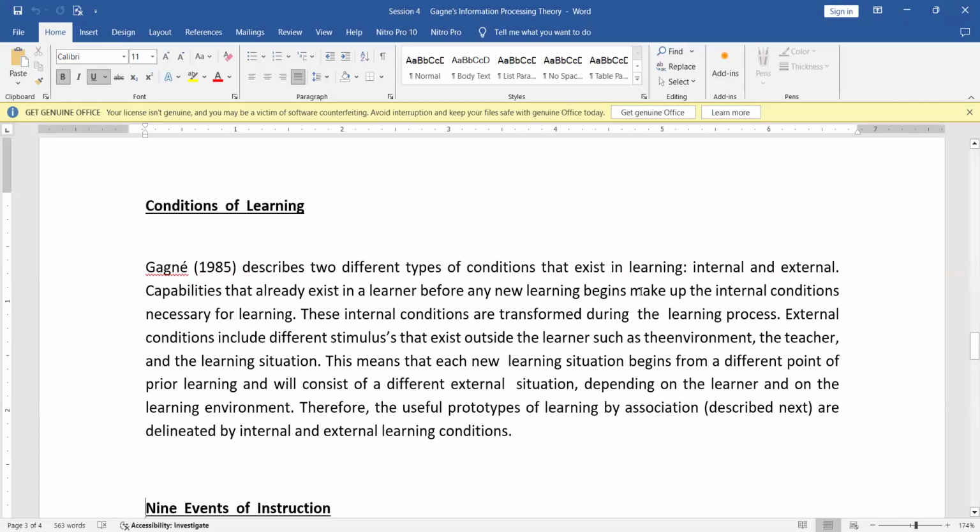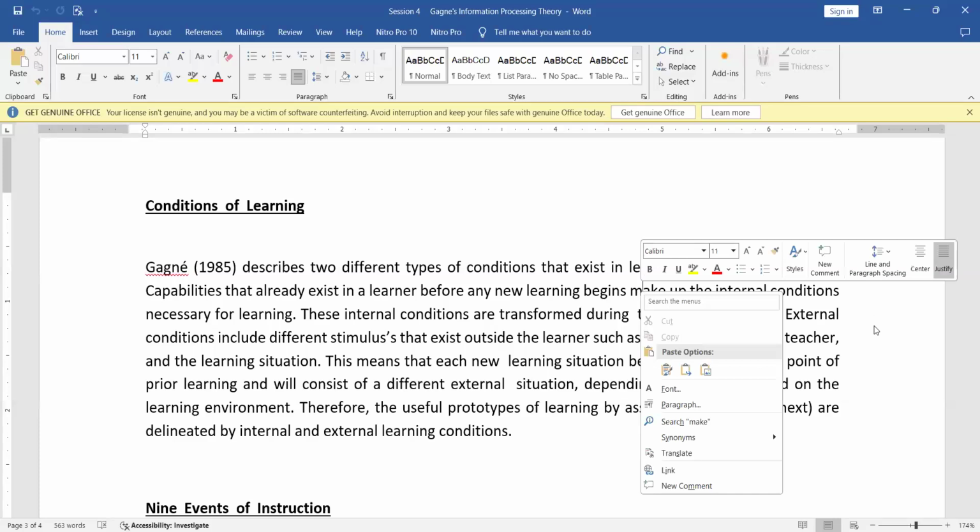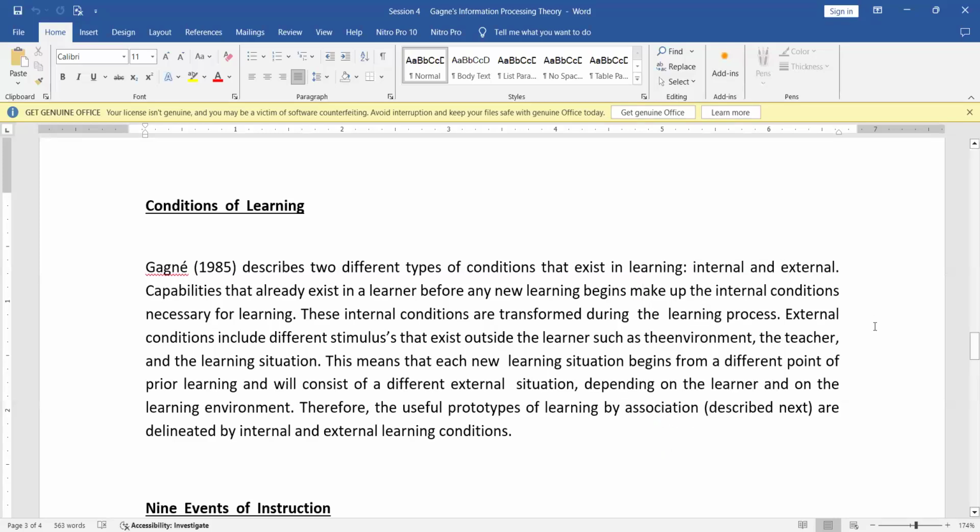Internal conditions means the already existing capabilities of the learner before the new learning begins that make up the internal conditions necessary for learning, right? For them to learn the new knowledge that you're going to present, they need to have some existing prior capabilities.